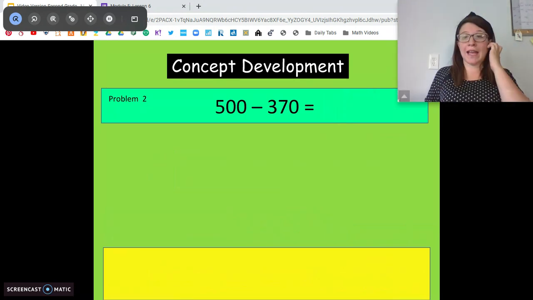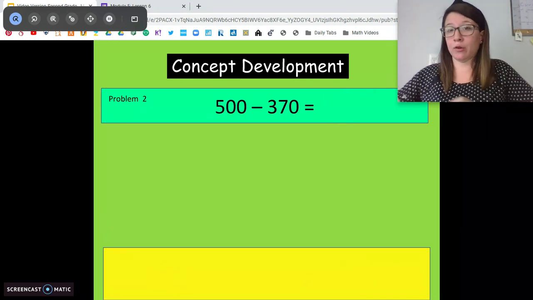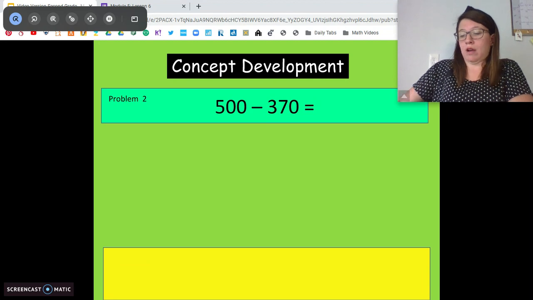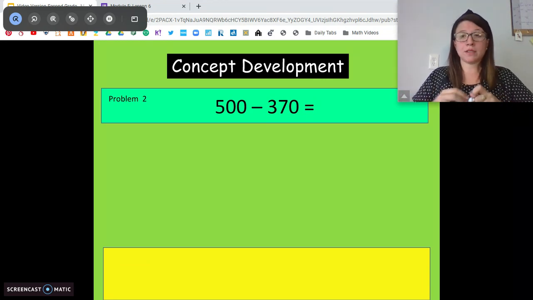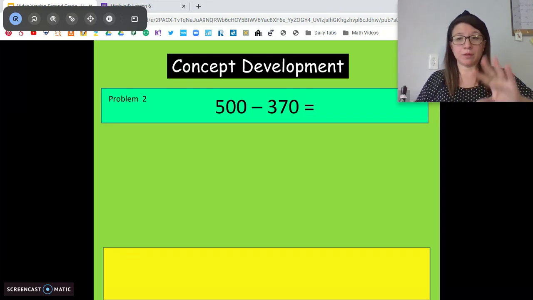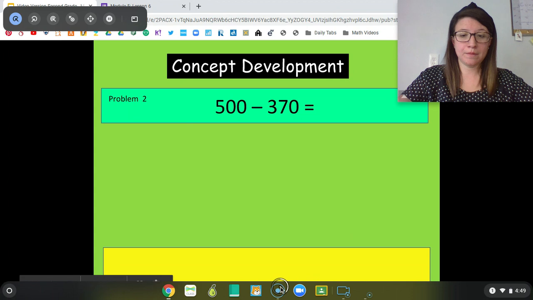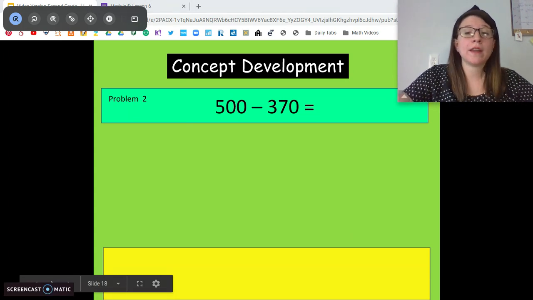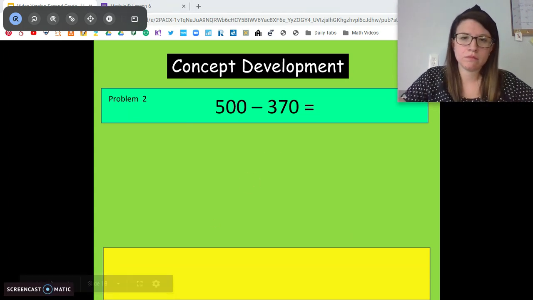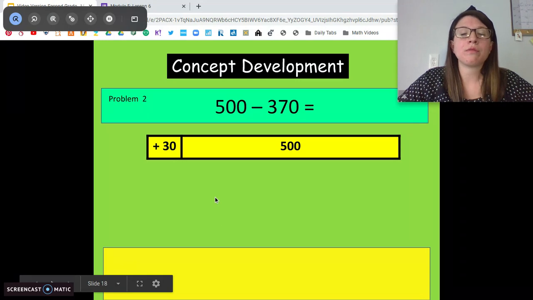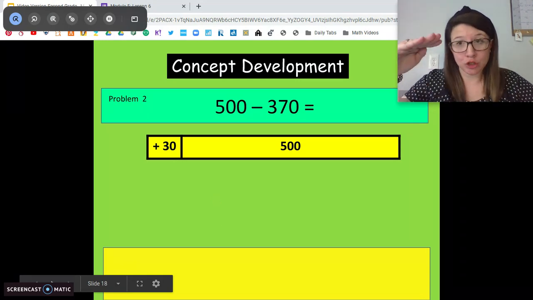All right, I want you to try this one on your own. Write out the number sentence, draw the tape diagram, and then write me the new number sentence. So pause and try that now. Let's go over it. So we want to get 370 to its next 100, right?